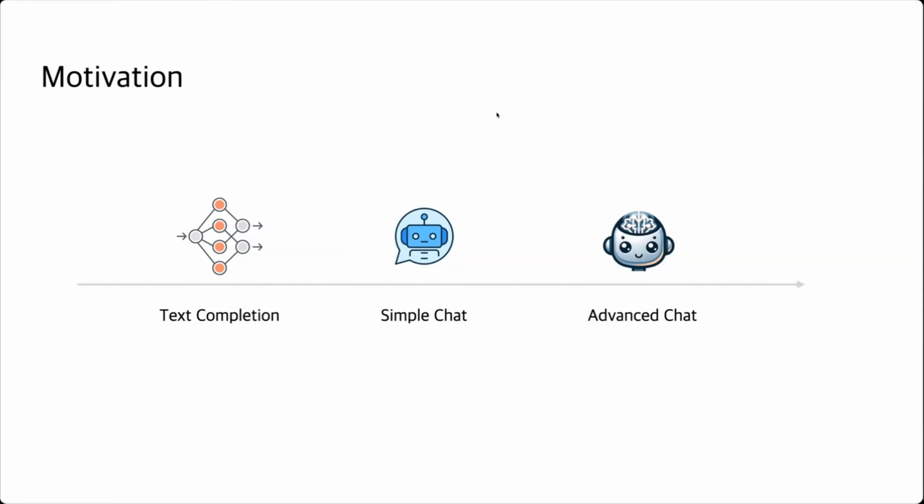From the early days of simple left to right auto completion tasks, to engaging in basic conversational interactions, and now to models capable of following complex instructions given by users.